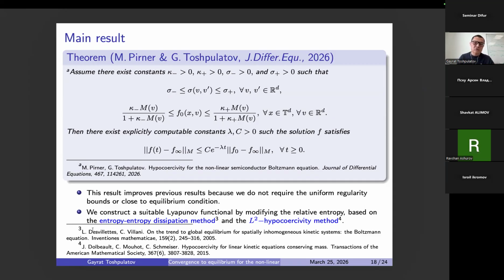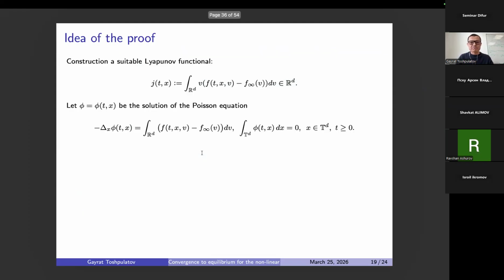There are two methods: the entropy dissipation method, developed by Desvillettes and Villani, and another method called the L2 hypercoercivity method, developed by Dolbeault, Mouhot, and Schmeiser. We have learned these two methods and combined them. By combining them, we constructed a nice Lyapunov functional so that we can get this result.